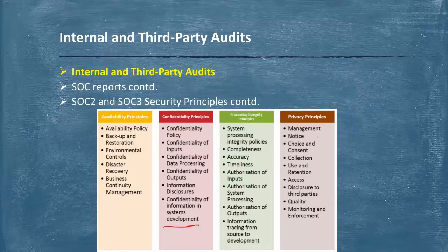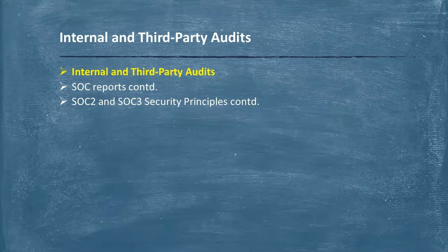What is the choice of consent, what is the data, how it is collected, how it is used, how it is retained, how it is accessed, what are the disclosures, to whom they are disclosing, whether they have an agreement, quality and monitoring effectiveness. Under the privacy principle, incident management will be verified, and notice.